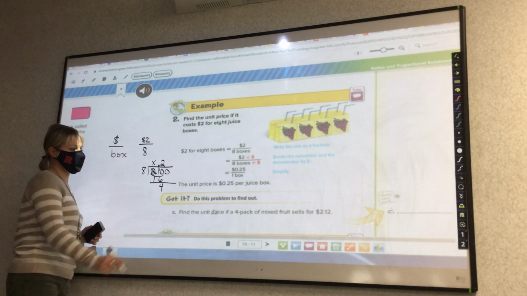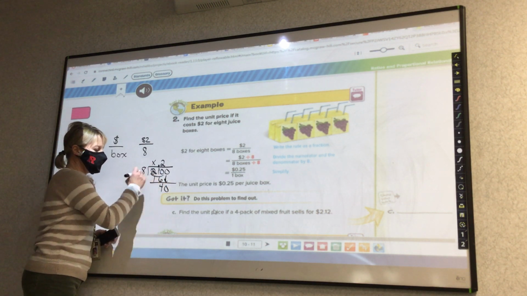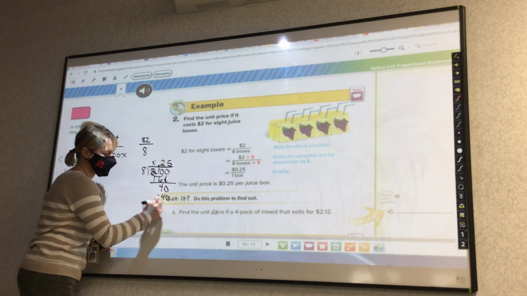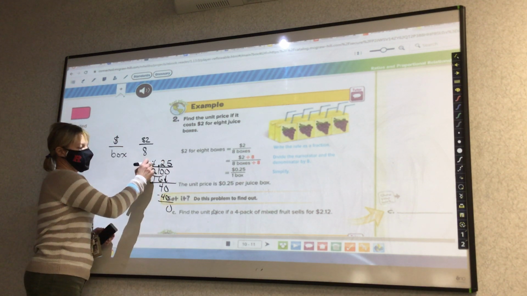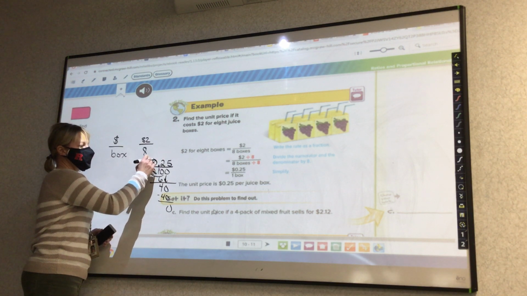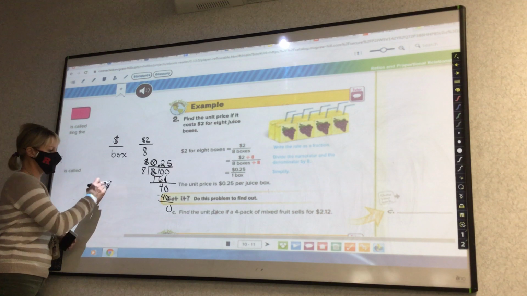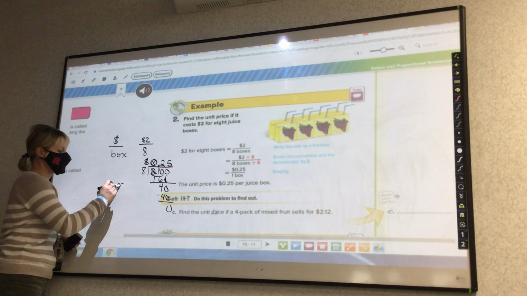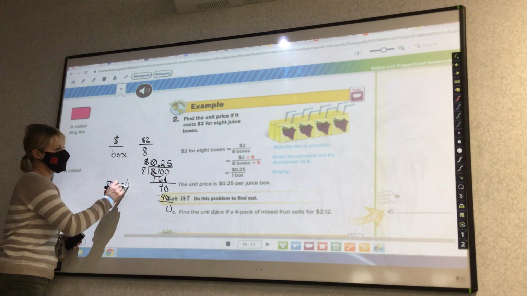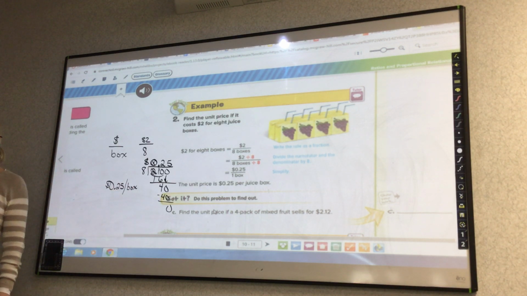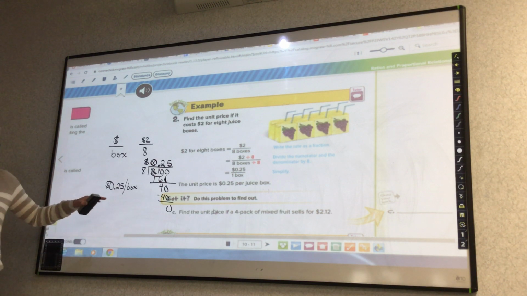So 20 minus 16 is 4. Bring down the 0. 8 goes into 40 5 times. Instead of an X, I'm going to actually have to have a 0 because I need to have my dollar sign. So my final answer is 25 cents per box. So each juice box costs 25 cents. Now, we're getting to this point.